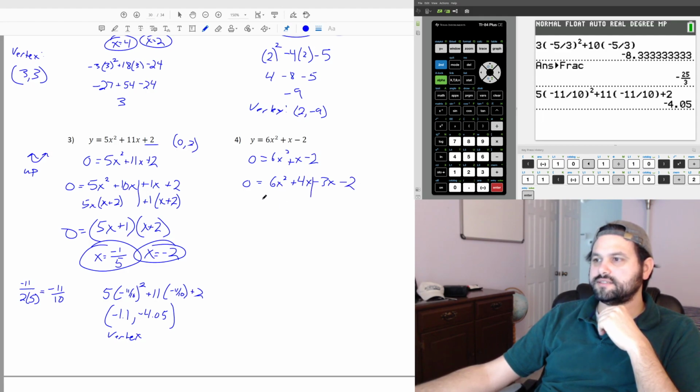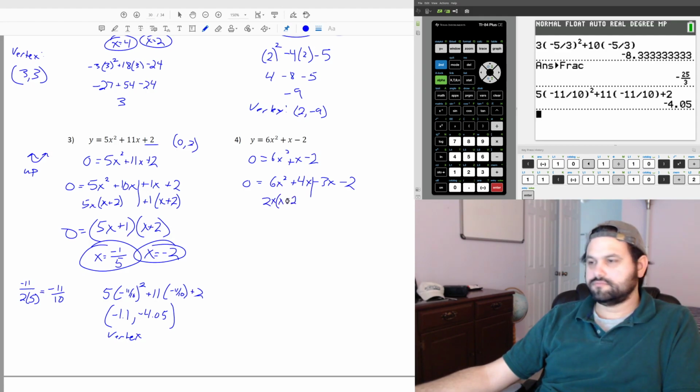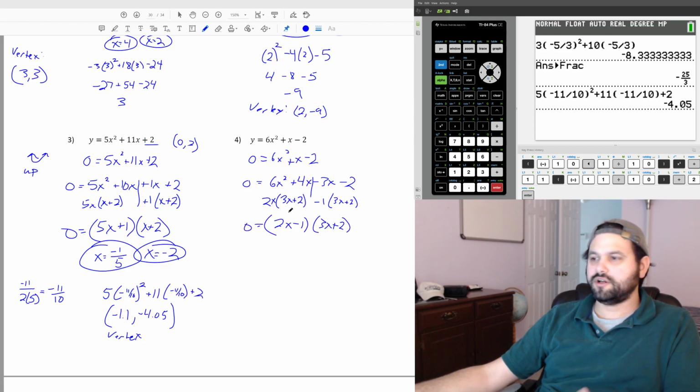Factor both sides. It's going to be 2x on the outside, x plus 2... What am I doing here? Sorry. 3x plus 2. And then I'm going to factor minus 1 out. 3x plus 2. So I got 2x minus 1 times 3x plus 2.